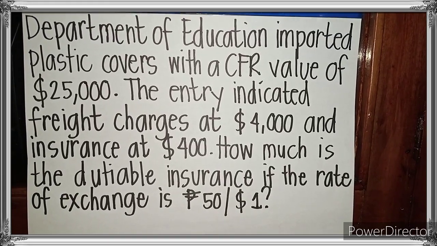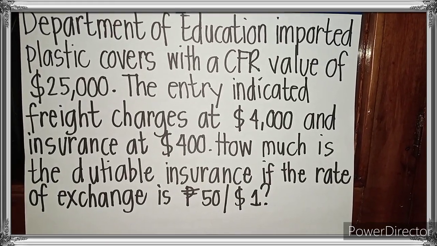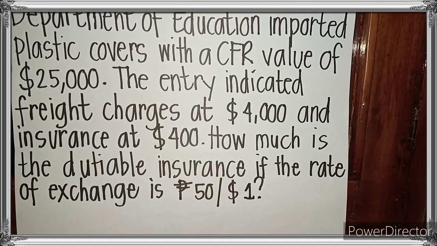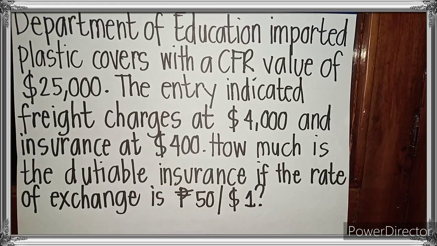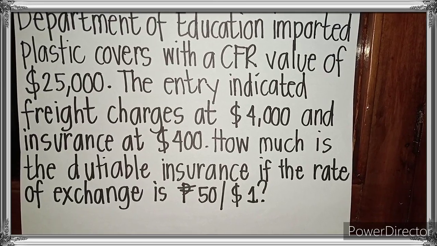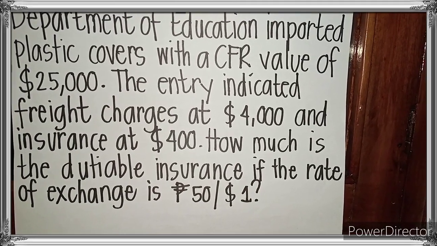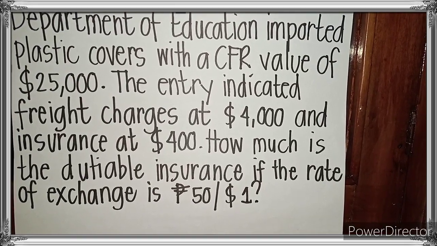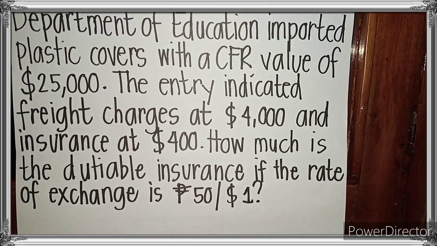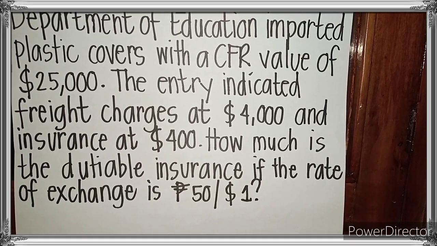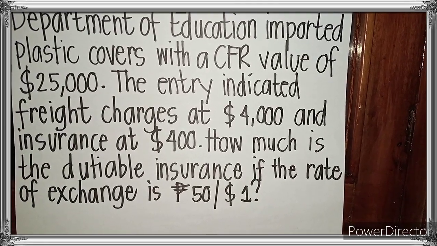Next problem: the Department of Education imported plastic covers with a CFR value of $25,000. The entry indicated freight charges at $4,000 and insurance at $400. How much is the assessable insurance if the rate of exchange is 50 pesos per $1?